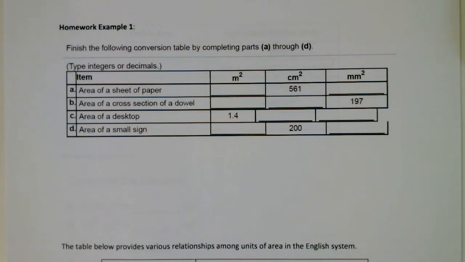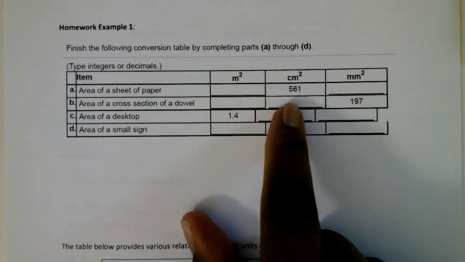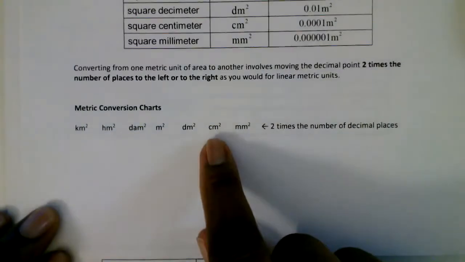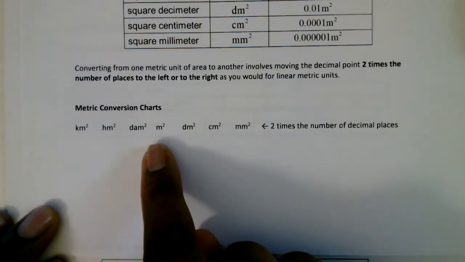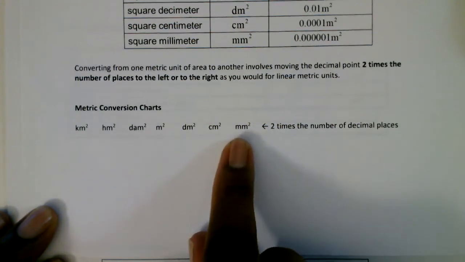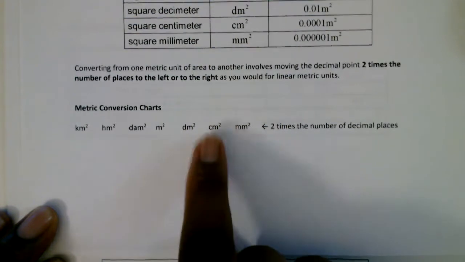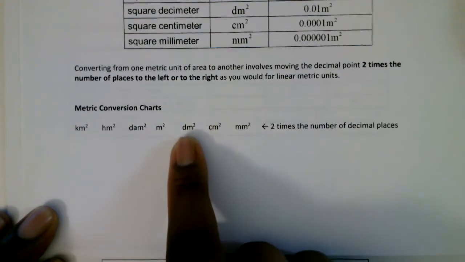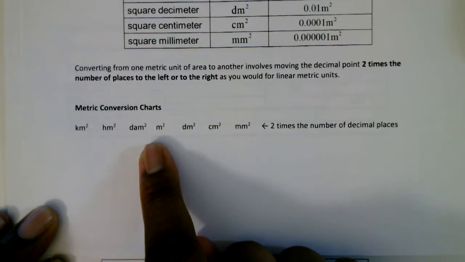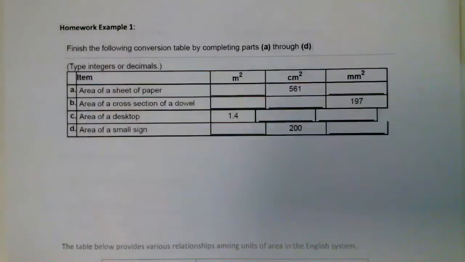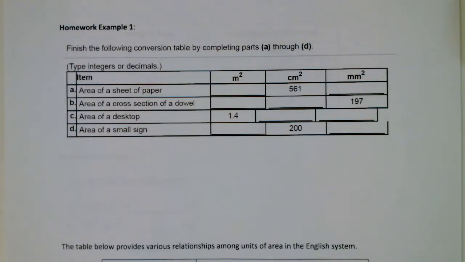So let's do this. I'm going to convert from square centimeters to square meters. Normally we'll move the decimal point 2 places to the left, but since we're dealing with square metric units, it's going to be 2 times the number of moves.